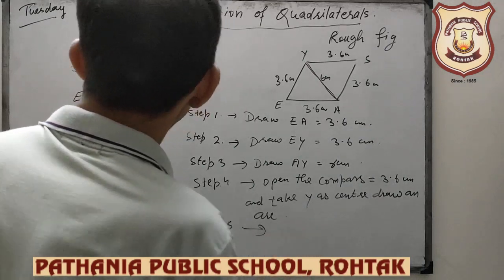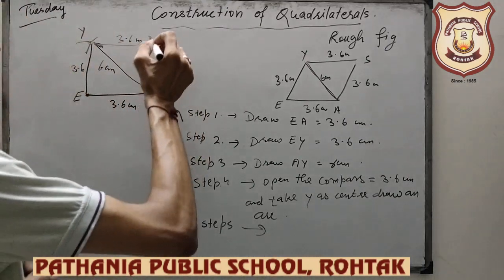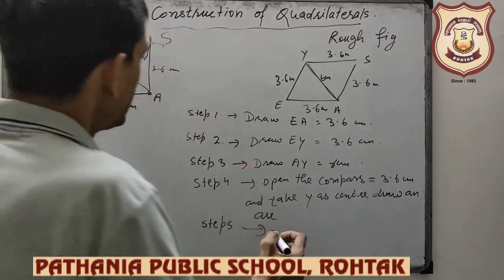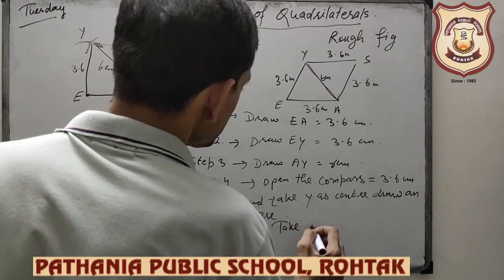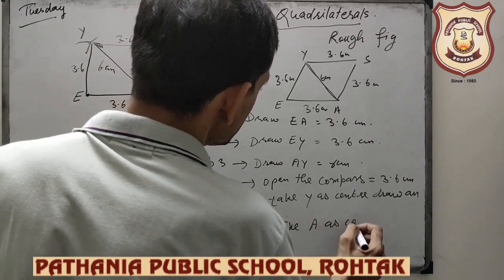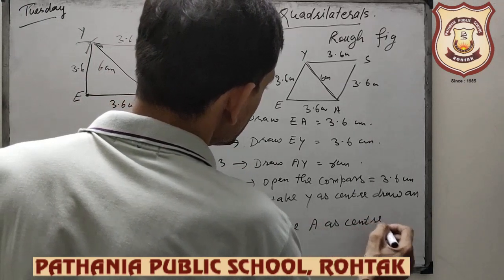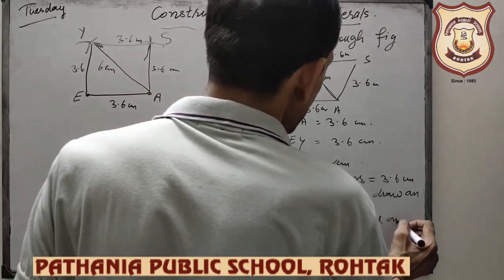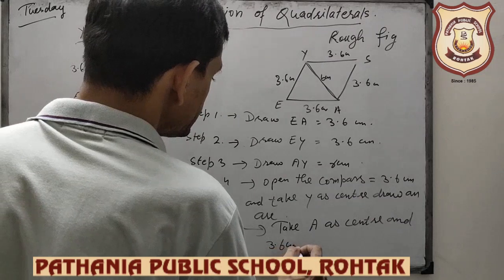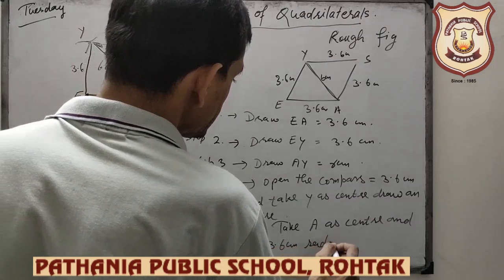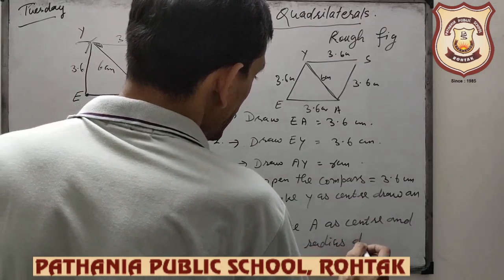Step 5 is what? Take A as center and 3.6 radius. Draw an arc.